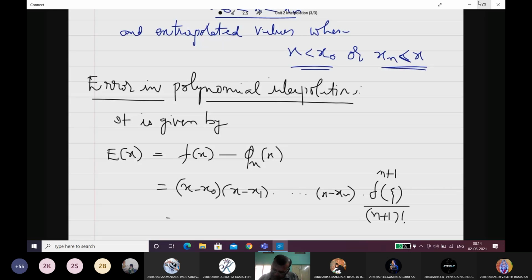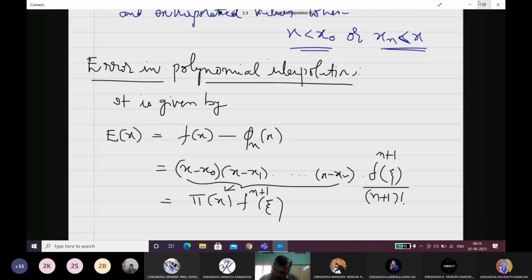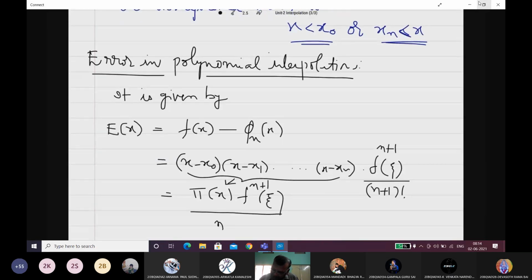Or in other words, we write this in the form of the product pi of x. This entire function is known as pi of x or pi n of x, into f power n plus 1 of xi divided by factorial of n plus 1. Here x naught is less than xi, which is less than xn. Xi lies between x naught and xn.